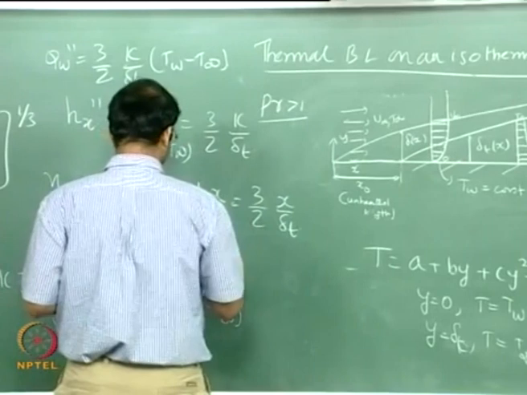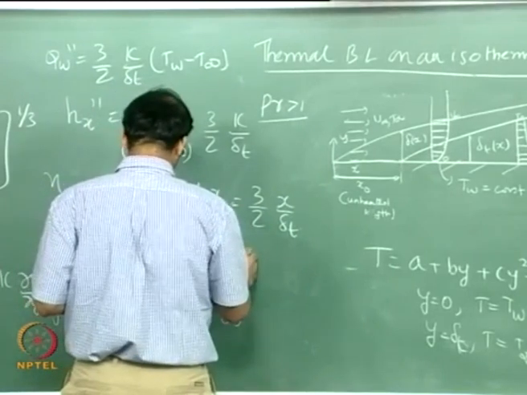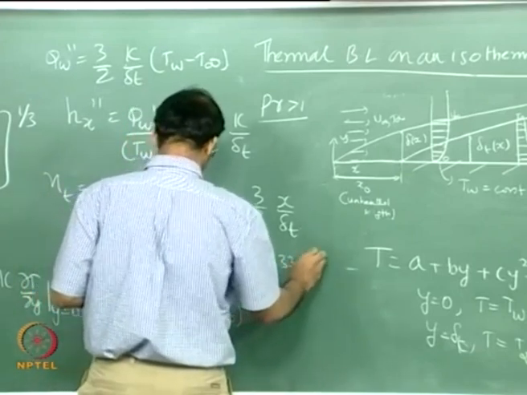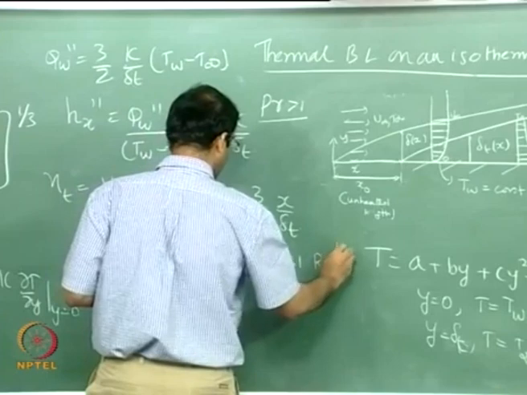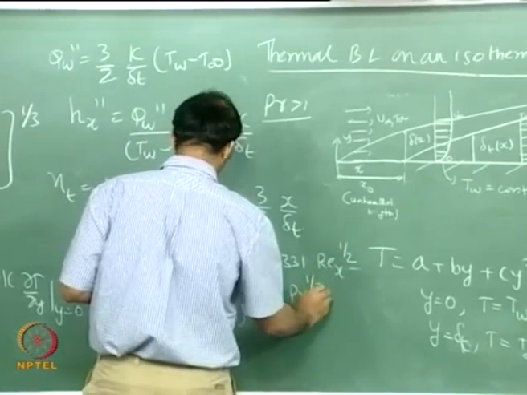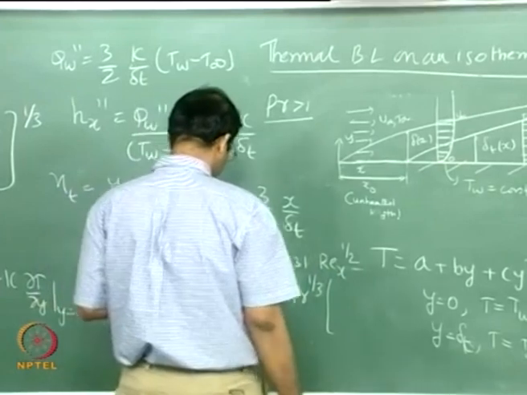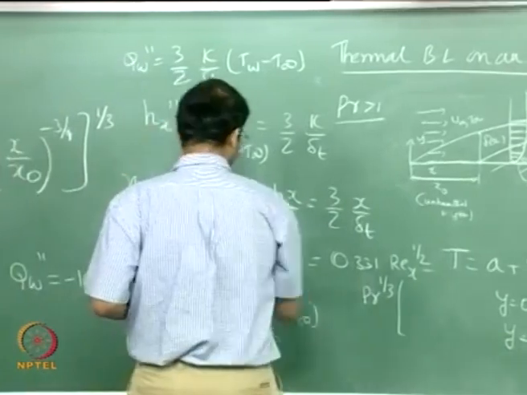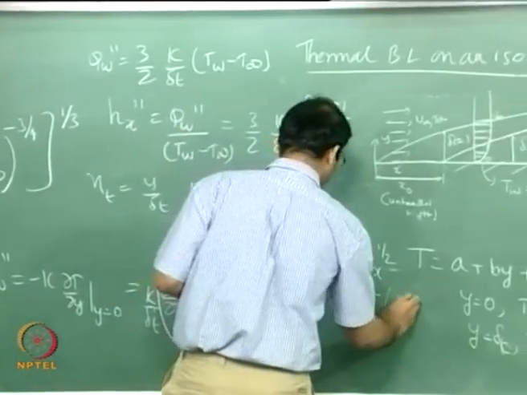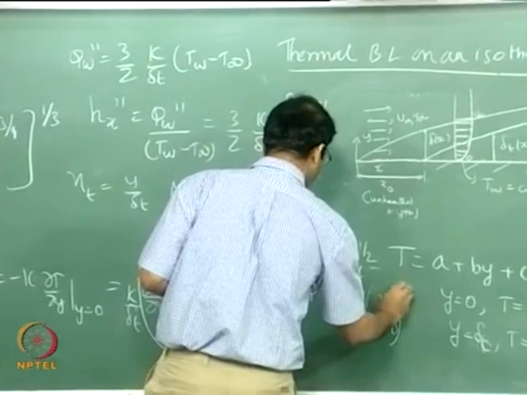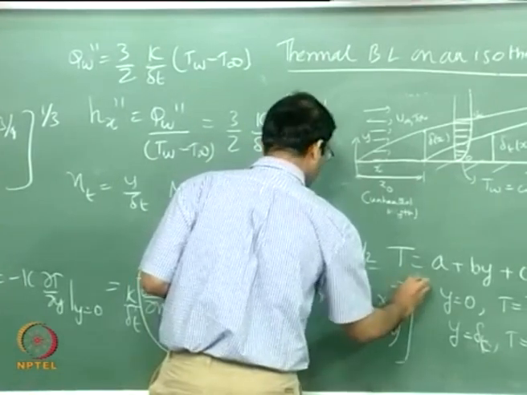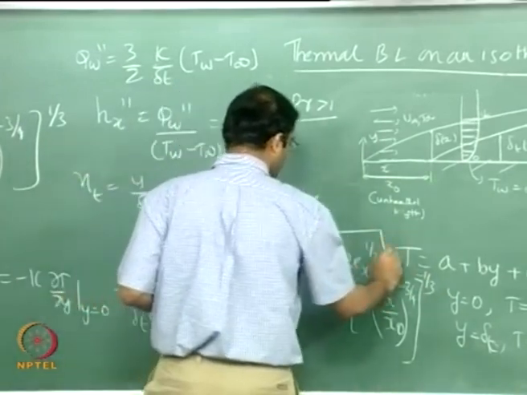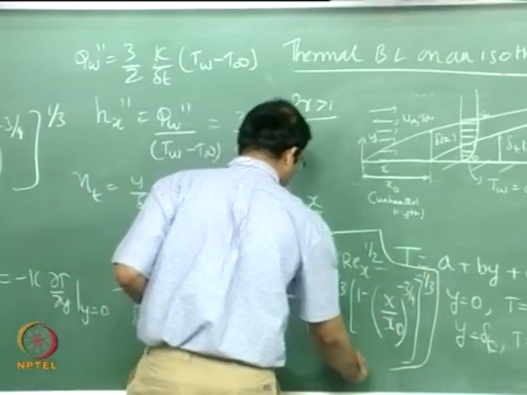If you substitute, this should come out as 0.331 into Rex to the power half, Prandtl number to the power 1 by 3. In terms of the unheated starting length, there will also be a factor of 1 minus x by x naught to the power 3 by 4, all to the power minus 1 by 3. So this will be the expression for the local variation of the Nusselt number.